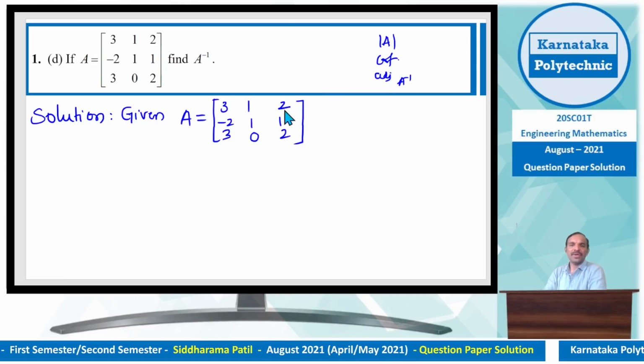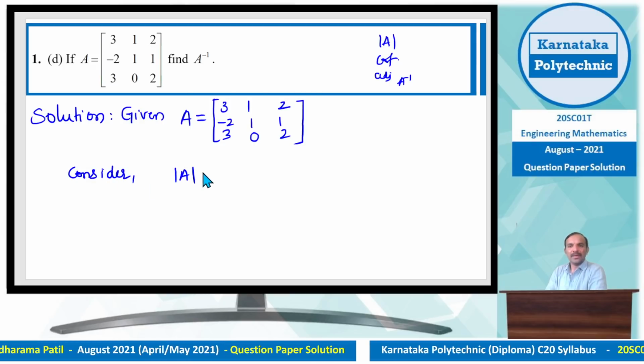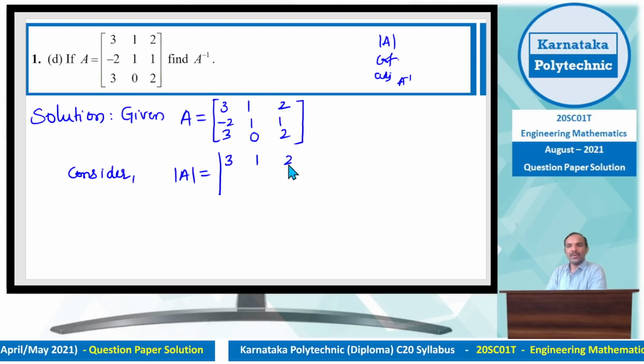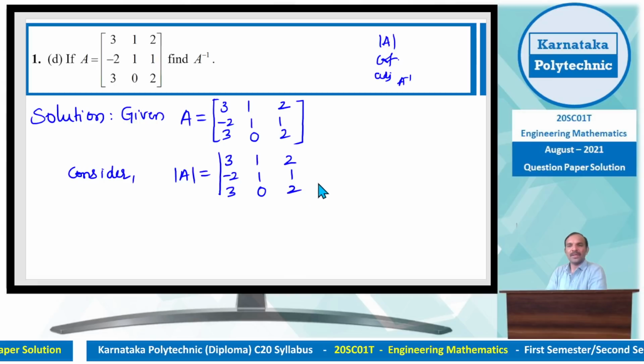First check for the determinant value. Consider determinant of A is equal to the determinant of 3 1 2, minus 2 1 1, 3 0 2. You have to write it the same way with the determinant symbol.